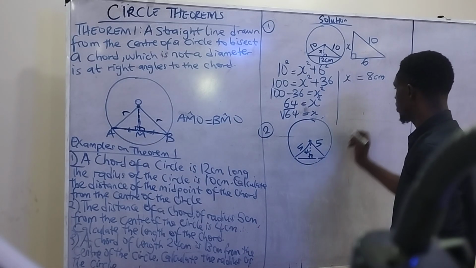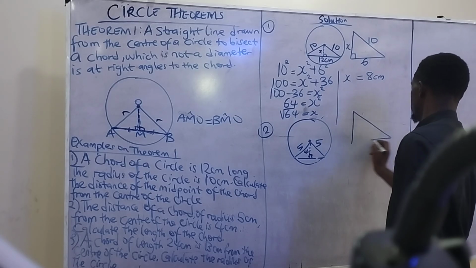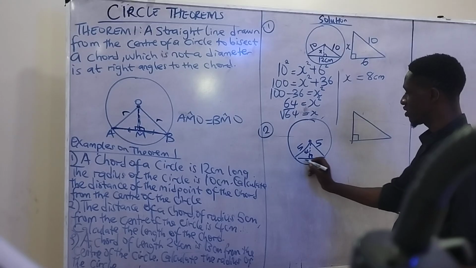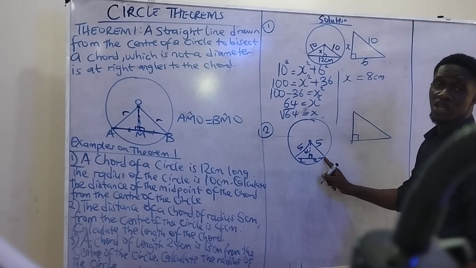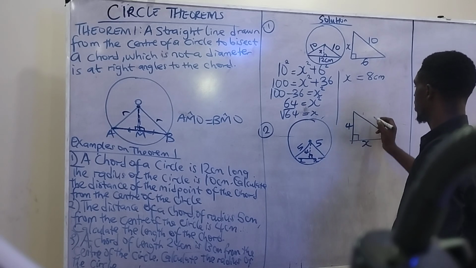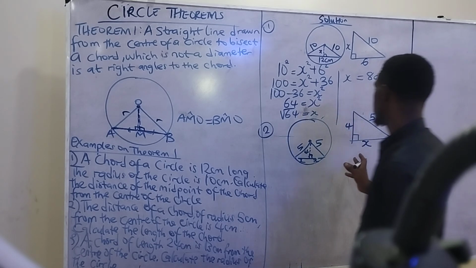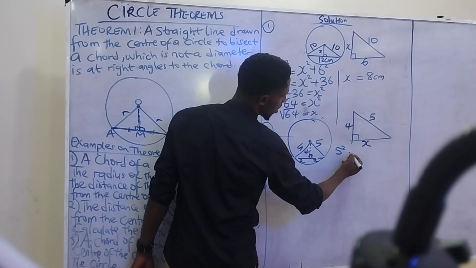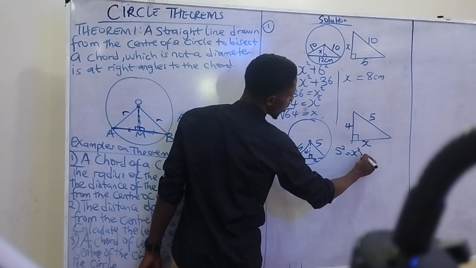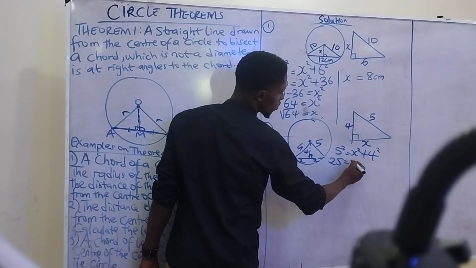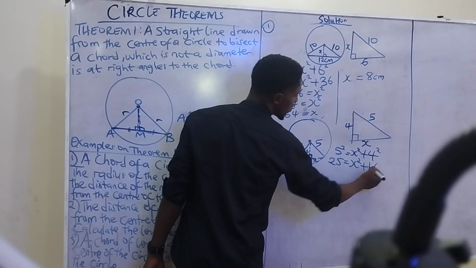So let us pick one of these right angle triangles here. Let's call here x. Remember, if here is x, here is also x, which is the total length of the chord. So we have x here, we have 4 here, we have 5. Still using Pythagoras theorem, the hypotenuse is 5. So we have 5 squared is equal to x squared plus 4 squared. 5 squared is 25, equal to x squared plus 16.